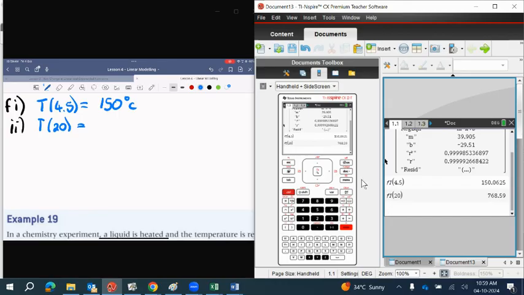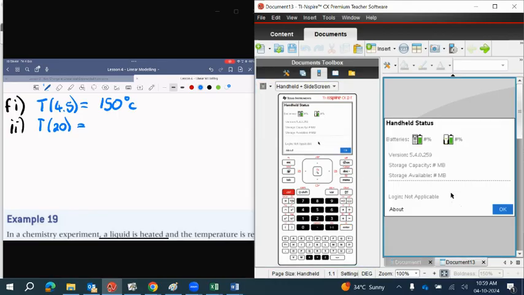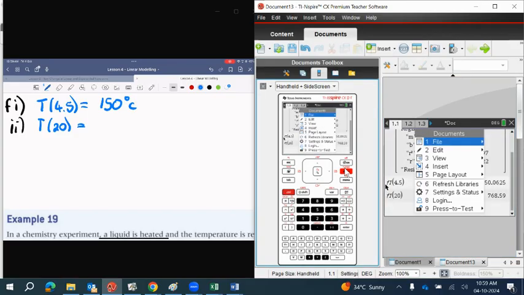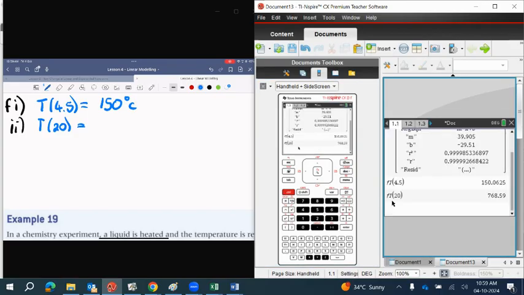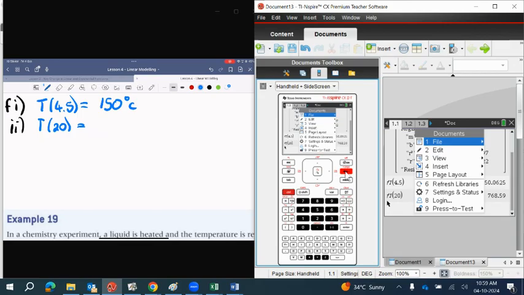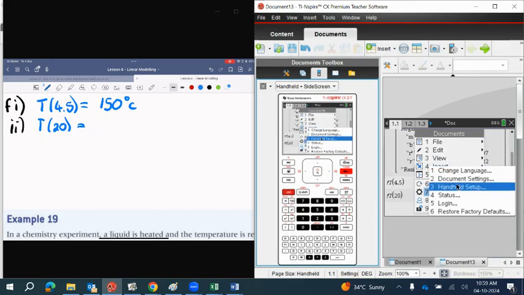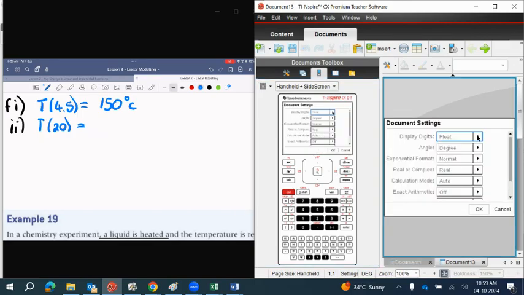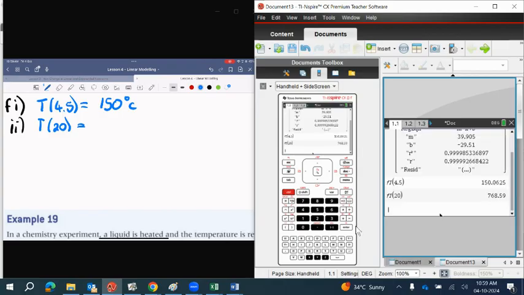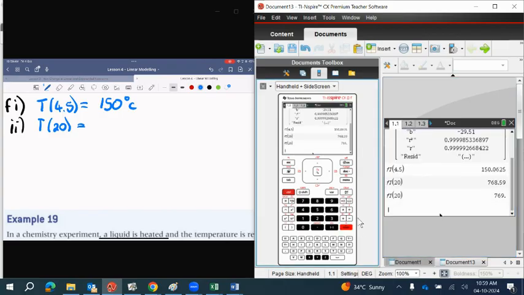Let me get the calculator to do it for you. I want to go to float 3. Press enter. So this is 769 degrees centigrade.